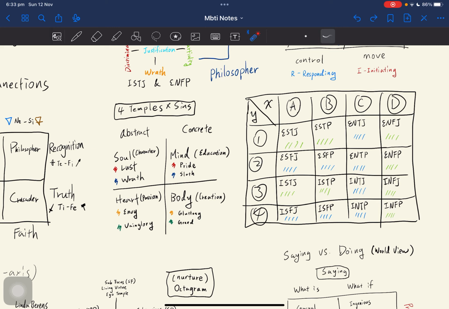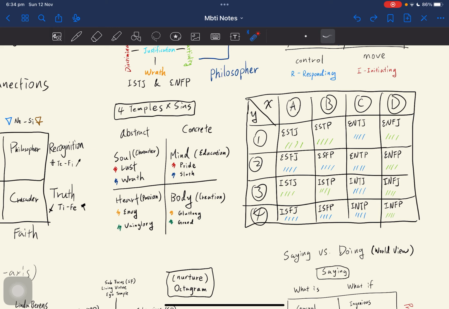So for example, A is SJ, and B is SP, and C is NT, and D is NF. So automatically, you don't have to memorize each one of these, you just need to know which column they belong to, and you immediately know two out of 4 letters.